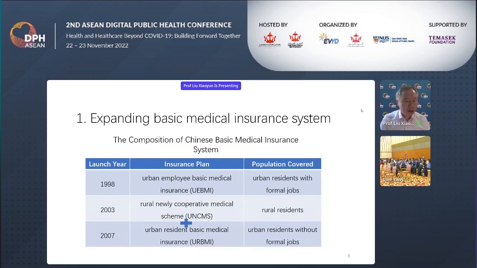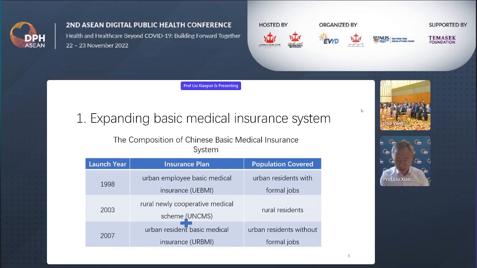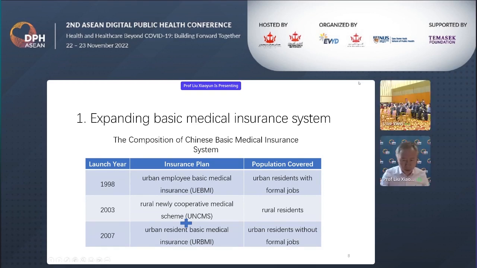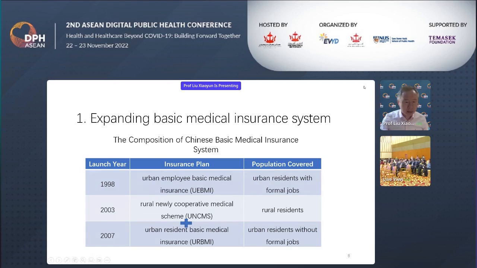And in the year of 2003, we developed the rural health insurance to cover the rural residents, and in 2007 to cover the urban residents without formal jobs. Later on, the last two schemes merged together to develop a rural and urban residents health insurance scheme.